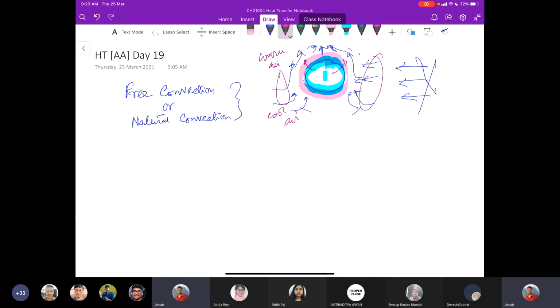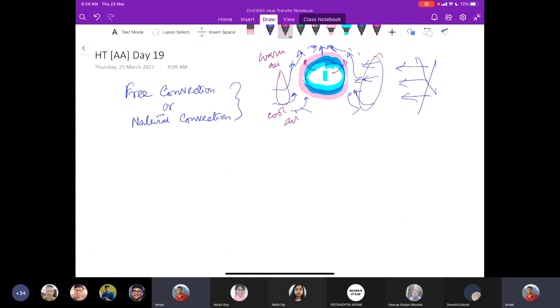Then the rate of heat transfer from this ball would be lower than that of the combination of free convection and conduction. Practical cases are, as I mentioned, a cup of tea or a Coke can placed in your room where there is no air circulation, but it still comes to the ambient or room temperature after a prolonged period.